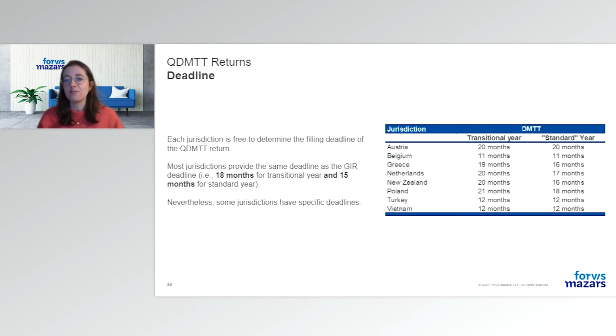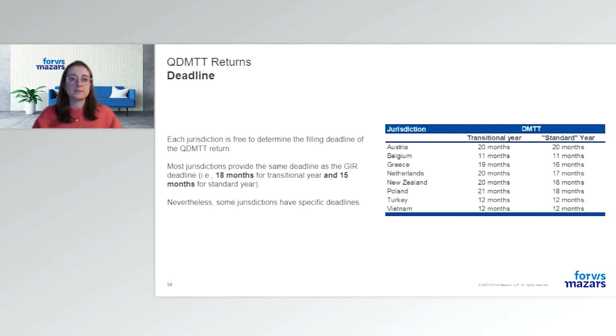But then you have jurisdictions that have shorter deadlines than the one for the GloBE information return, as for example here, Belgium or Turkey and Vietnam. Those are jurisdictions we have to look out for in order to meet the local compliance requirements. So this is also something that has to be kept in mind.